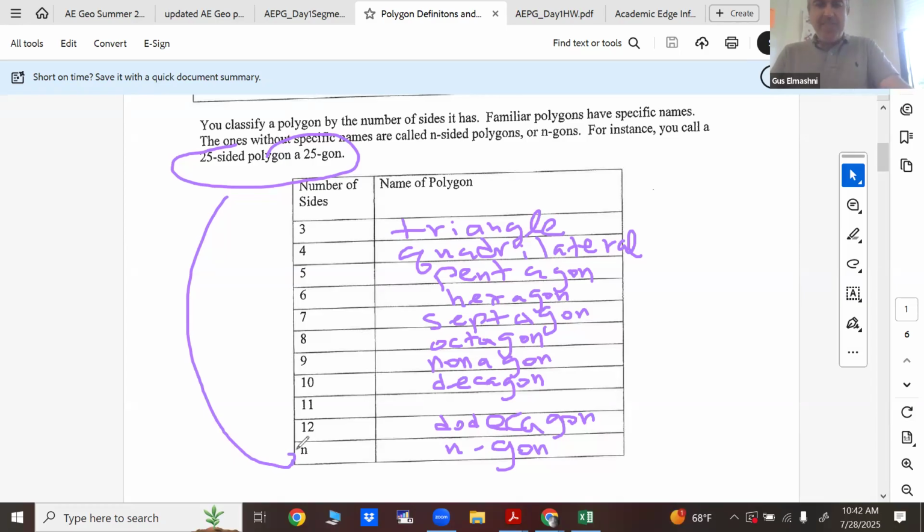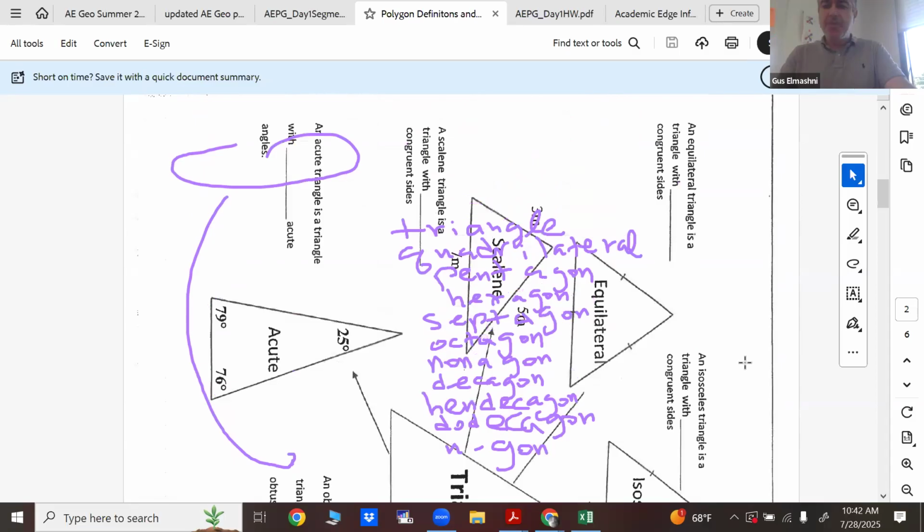Ooh, I didn't know that. Hendecagon. Hen, like a bird. Chicken. Hendecagon. I did not know that. Okay. That's incredibly trivial. So don't worry about that. Okay. Let's keep moving. Oh geez, I gotta rotate this.